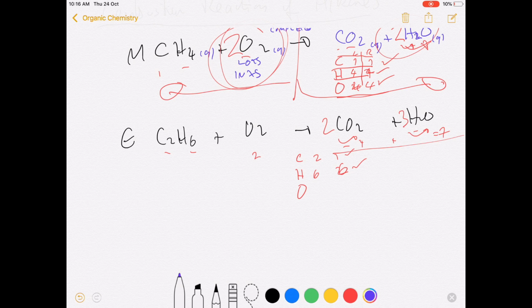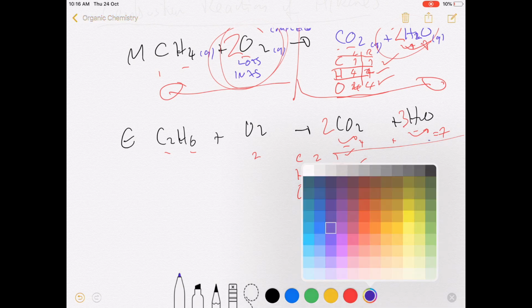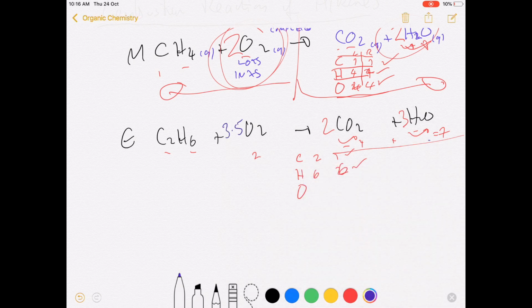And now you're thinking, OMG, what are we going to do? Well, you could put 3.5 or 3 and a half, but your exam board doesn't like that. So what you need to do is multiply out the fraction, and to do that we need to times everything by 2, the whole equation by 2. So what colour should we use?